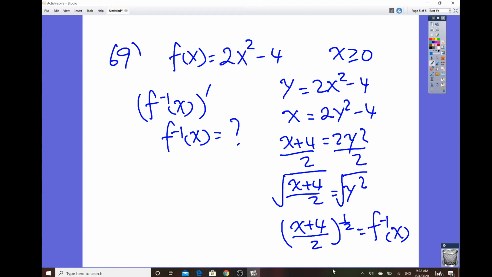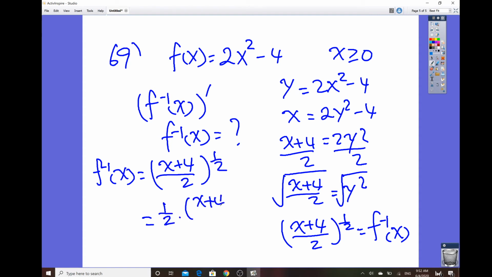And now from here, we just want to differentiate it. Since we do have the inverse of f of x, by using the power rule, we just take the derivative. So that would be 1/2 times (x plus 4 over 2), the whole quantity, to the power of negative 1/2. But don't forget, as you can see, the inner function is linear, so we still need to take the derivative of the linear function. The derivative of this linear function would be 1/2, because that is written as 1/2 x plus 2.